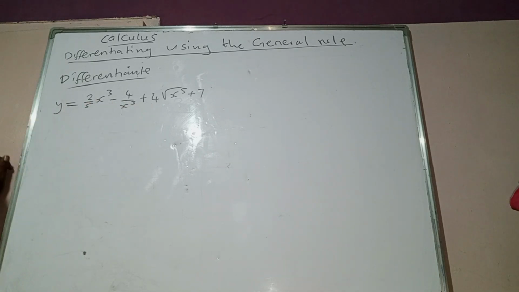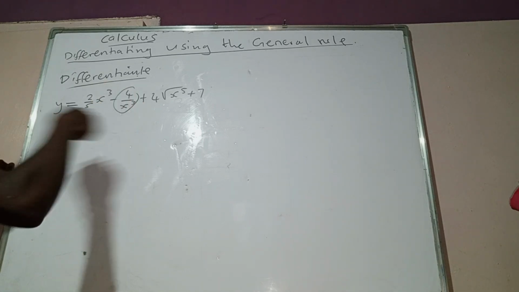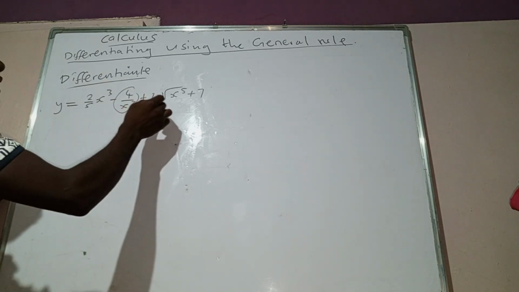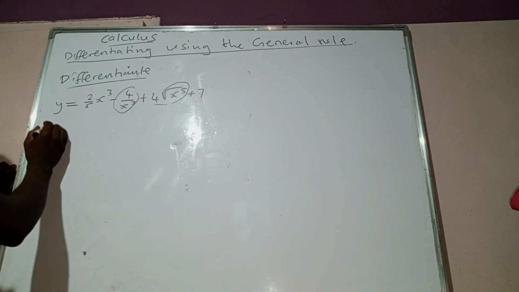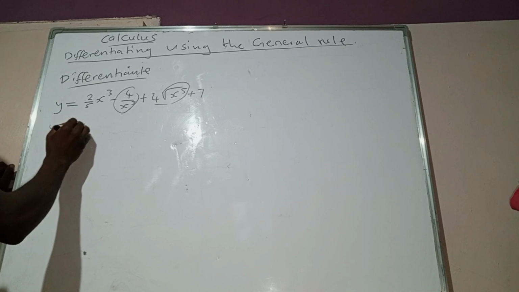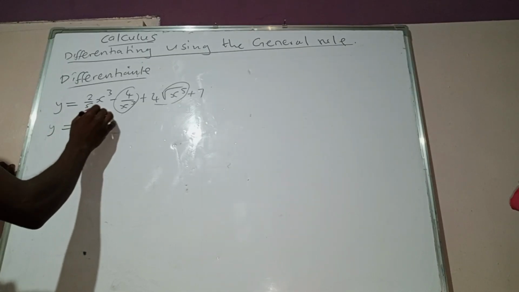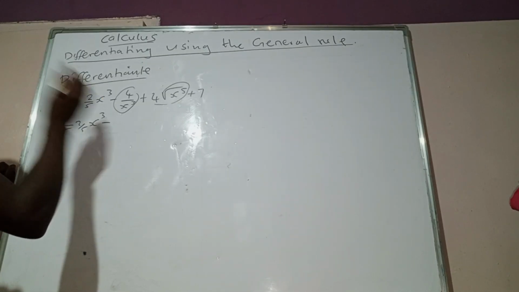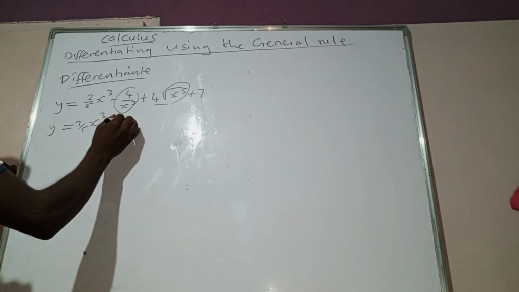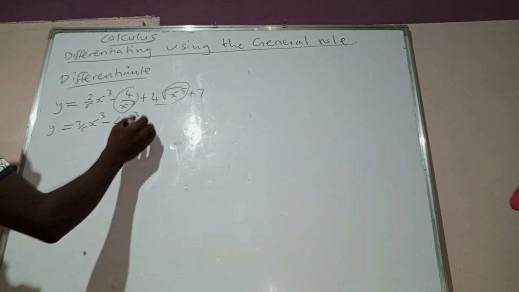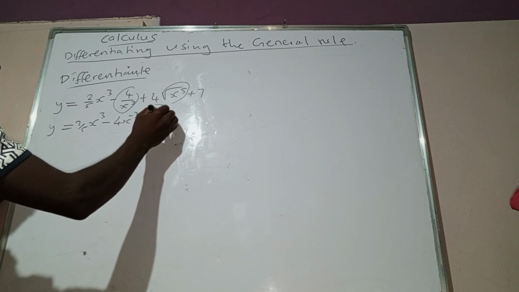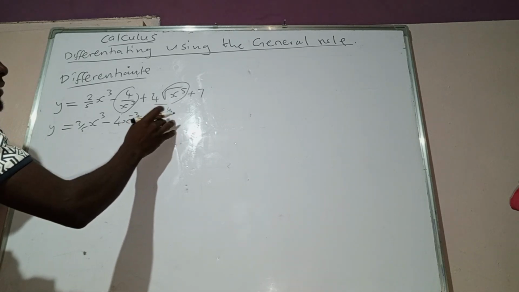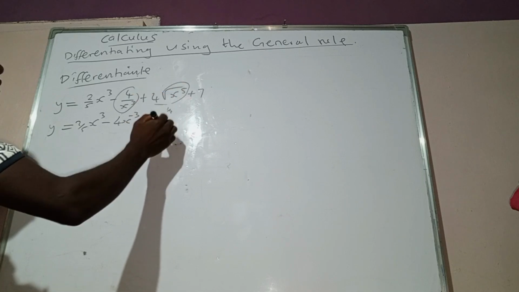We have to check first if there's anything that we can change. So we've seen this one, we can change it into a negative index. We can also change this one, we remove the square root there. So we first have y is equal to 2 over 5 x to the power 3, then minus 4x to the power negative 3 plus 4x to the power 1 over 2, which means the square root.